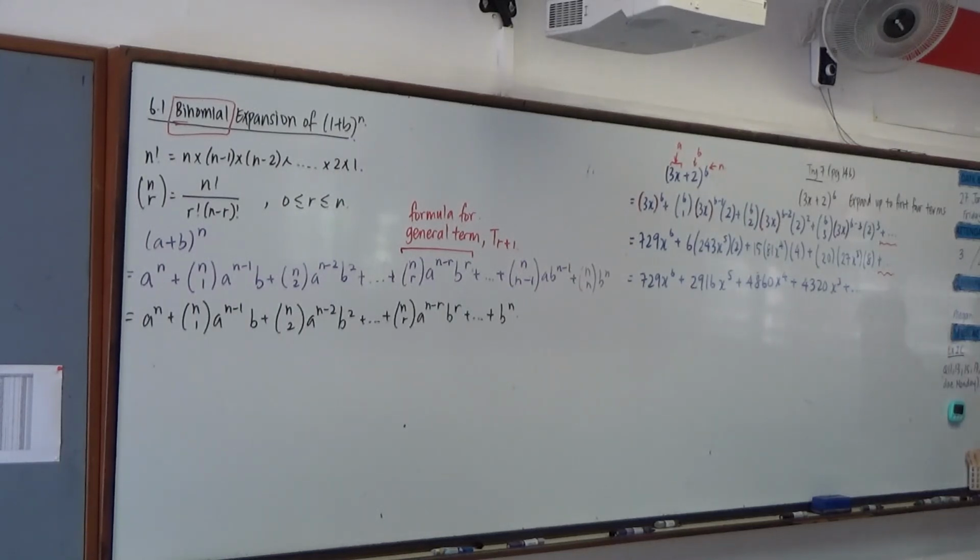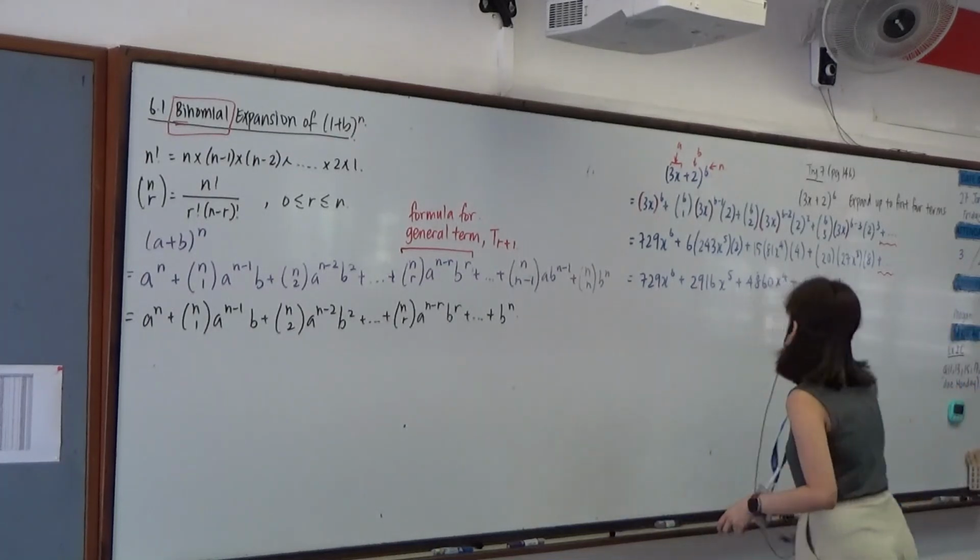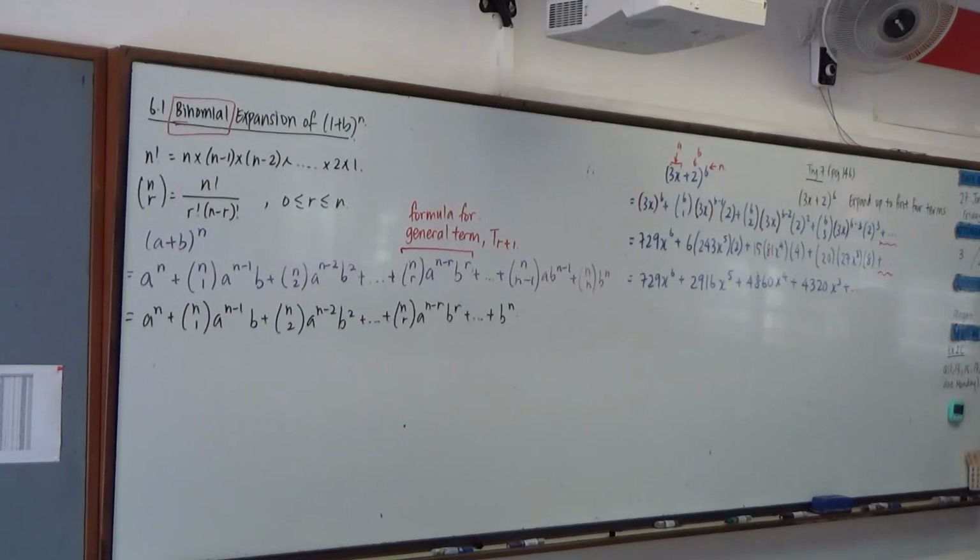Good. Now, something that I didn't emphasize yet is about how the question is being phrased. If you look at textbook page 146, it says to find the first 4 terms in descending powers of x.